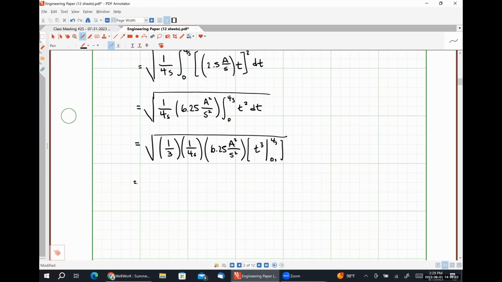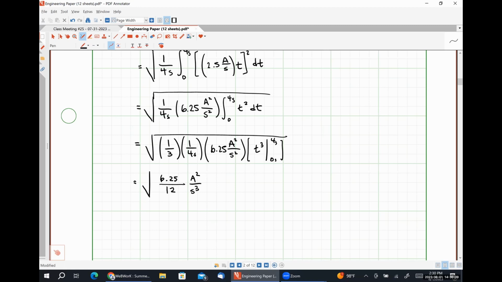So let's do some things here. So square root of 6.25 divided by 12 amps squared per seconds cubed.